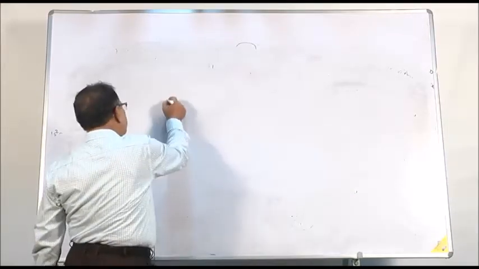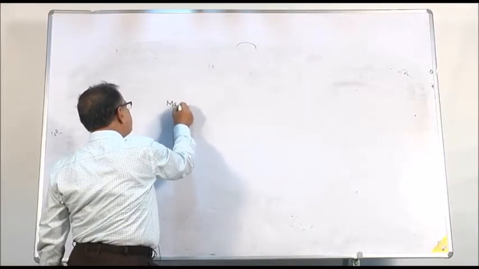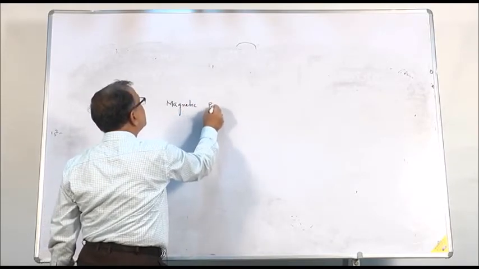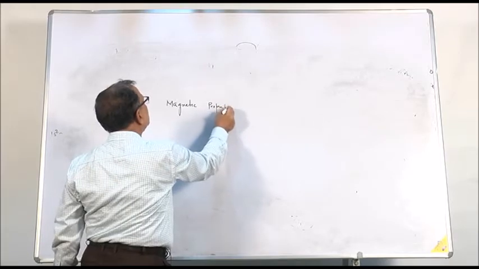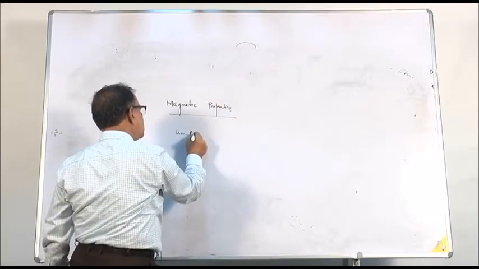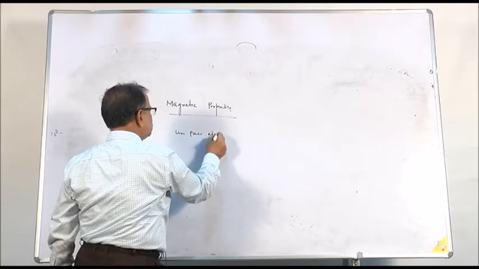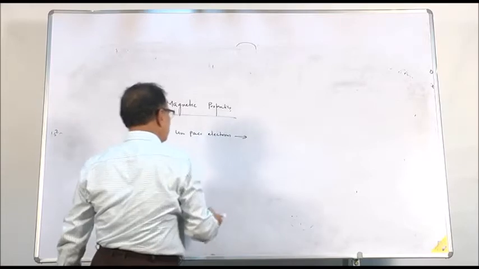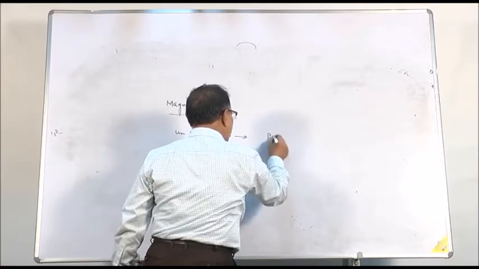What are the magnetic properties? Simply remember, if it contains unpaired electrons, attraction will take place to the magnet, that is called paramagnetic.